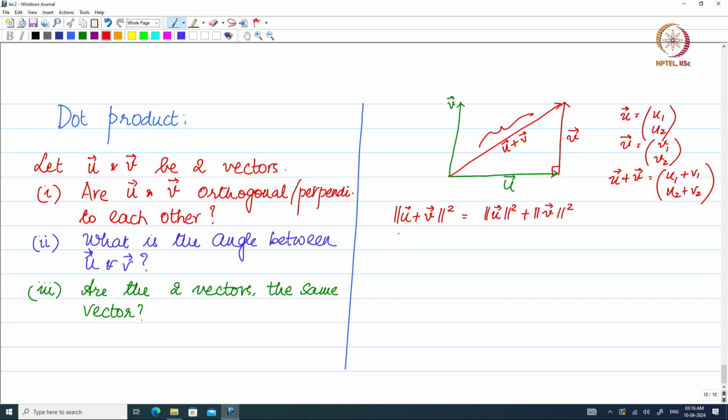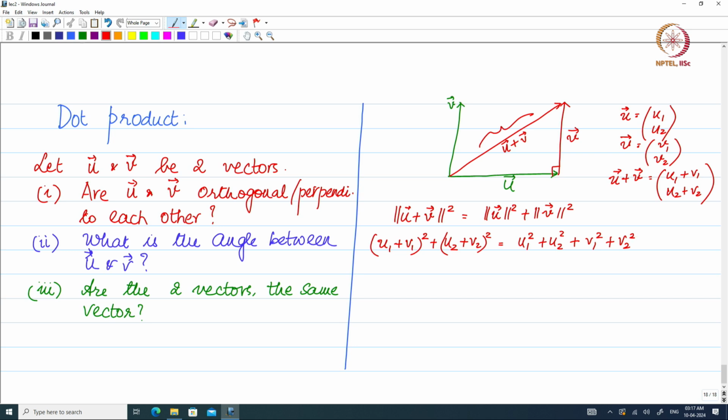We have already seen the notion of the norm or the length of the vector in the previous class, where we said that the squared length of this vector is the sum of squares of the components. So, we are going to have u1 plus v1 the whole square plus u2 plus v2 the whole square is equal to u1 square plus u2 square plus v1 square plus v2 square.